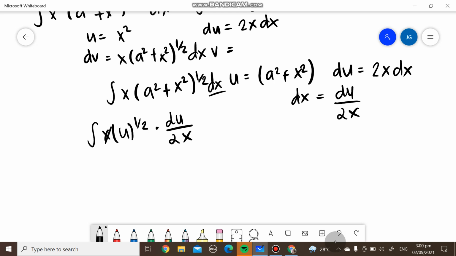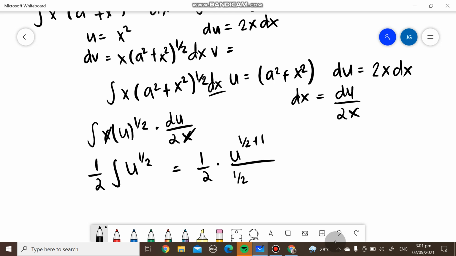So the x cancels. Basically, we have 1/2 here. And the integral of u raised to 1/2 is u raised to 1/2 plus 1, all over 1/2 plus 1. So, 1/2 plus 1 is 3/2.